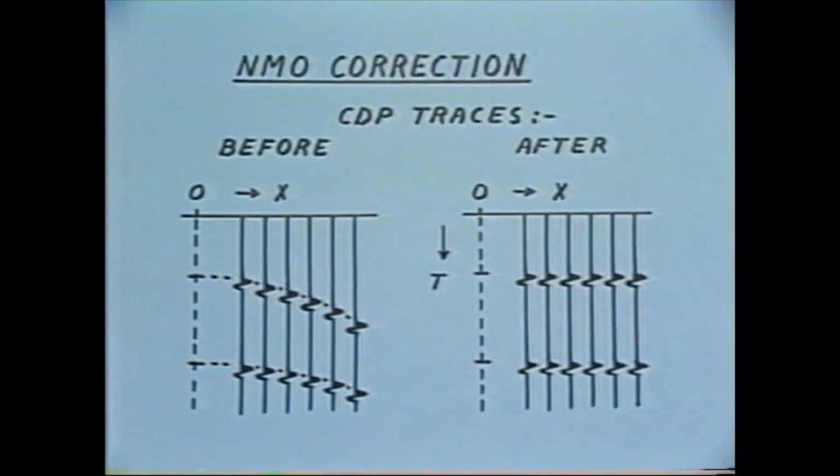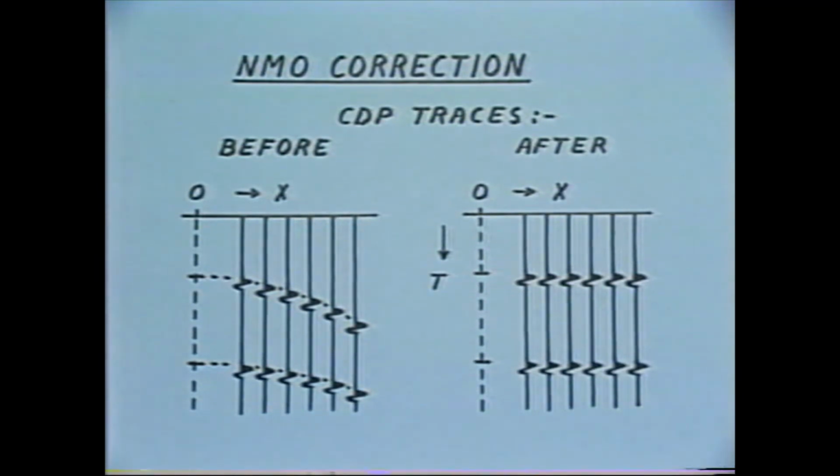Having seen what normal move-out is and how it arises on the seismic records, it's an effect due to the fact that we have different distances between the source and receivers for the various traces that we record. And one of the first geometric corrections that has to be applied to the seismic records is to correct for the differences in travel time of the reflectors caused by these different offsets.